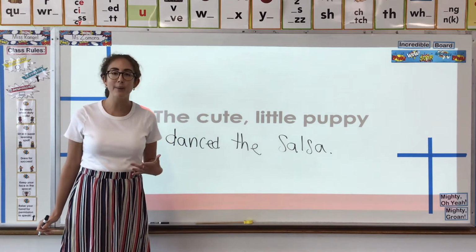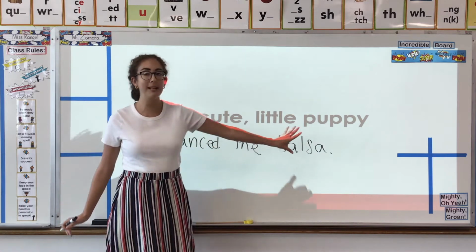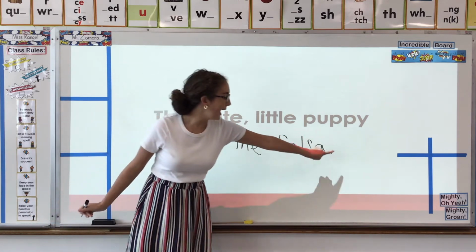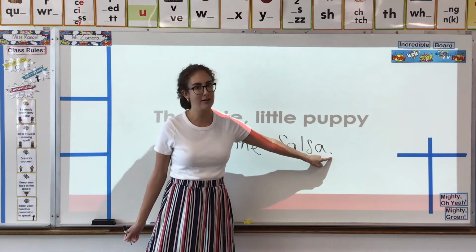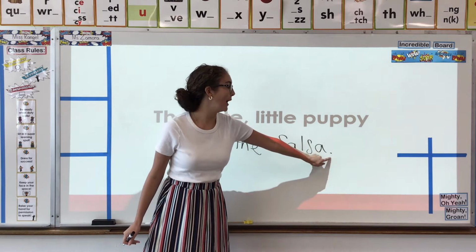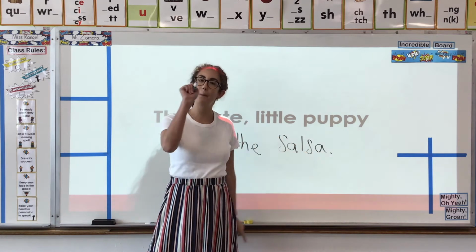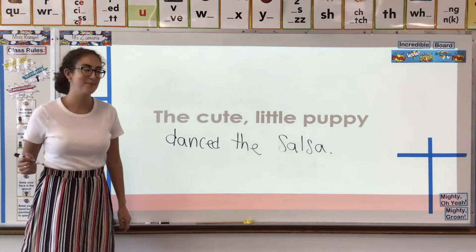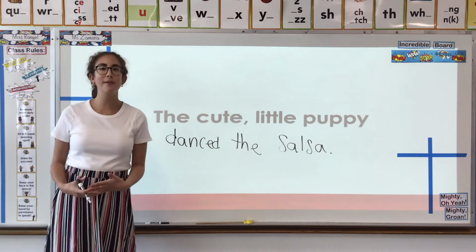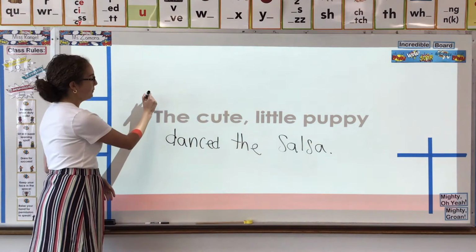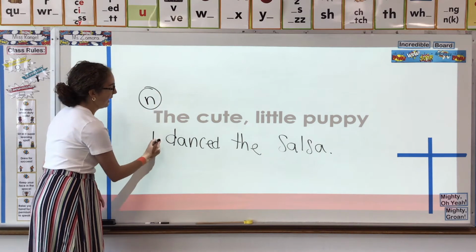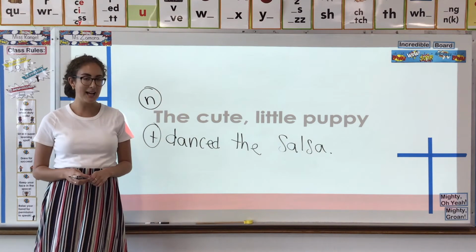I made sure to add my telling part after my naming part and what comes at the end of every sentence. Our punctuation, I made sure to put a period. So this is my first silly sentence with both my naming part and my telling part.